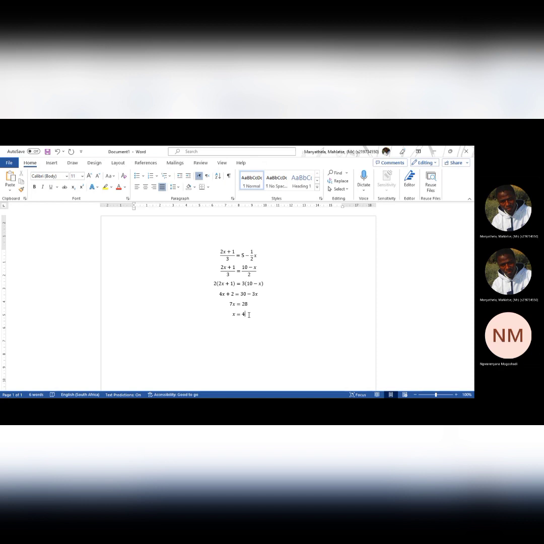If you go back to the original equation, wherever there is x we replace it with 4. We work on the left hand side first, replacing x by 4, and see what we remain with. Then go to the right and see what we remain with. In part 3, meaning the left is equal to the right.